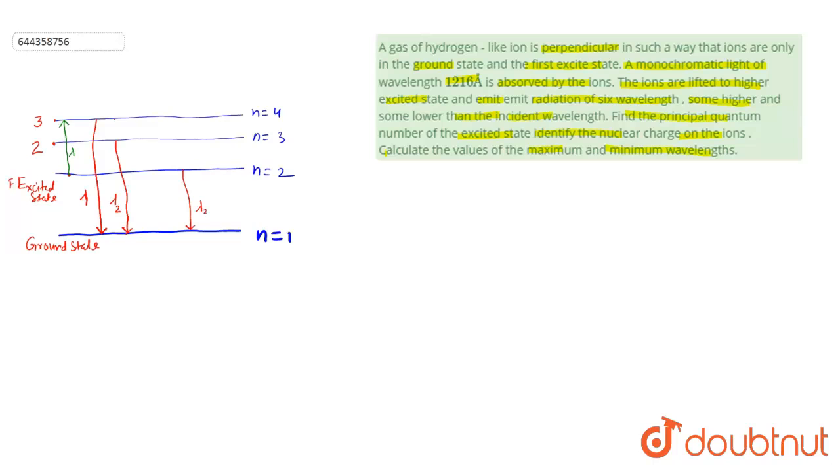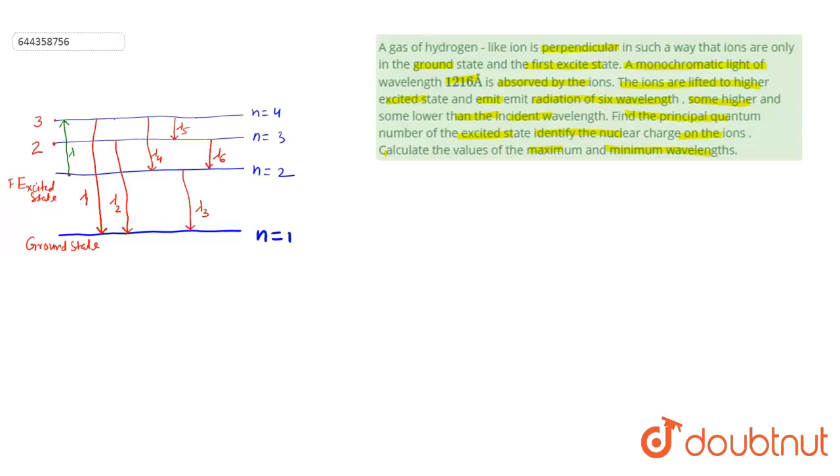Suppose this is lambda 3, and then from n is equal to 4 to 2, that is lambda 4, and it can go to n is equal to 3, so this is lambda 5, and one remaining, 3 to 1, and it is lambda 6.